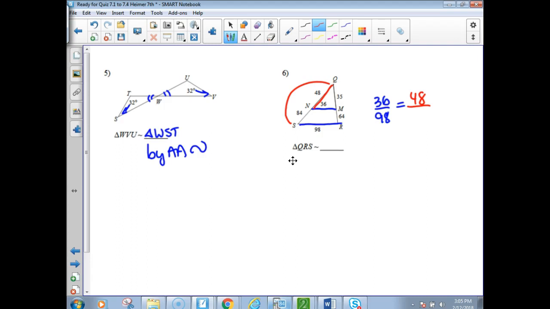It's got to be a whole side, right? Don't make that mistake. It's really tempting to write 48 over 84 and 35 over 64. You can't. You've got to find out how long those sides are. So you have to add. That's 132, isn't it? Okay, so 48 is to 132 as 35 is to 99.